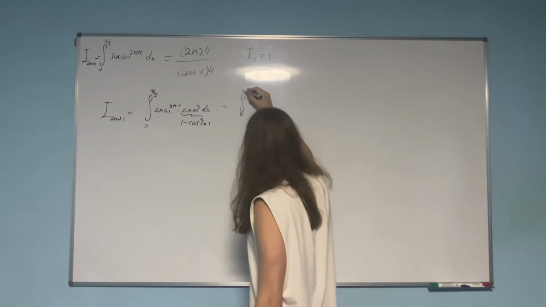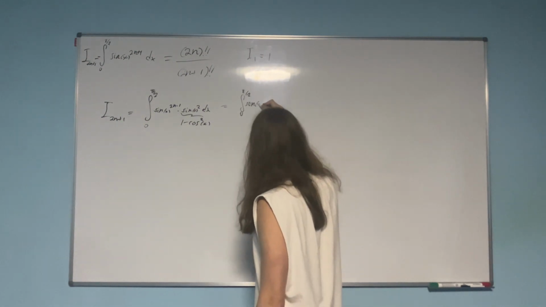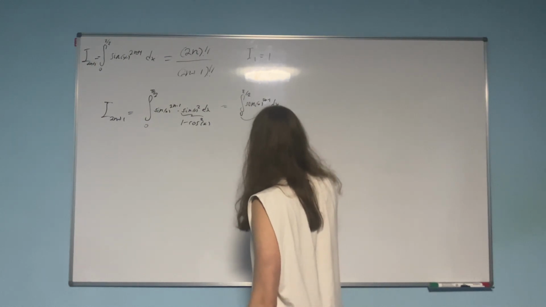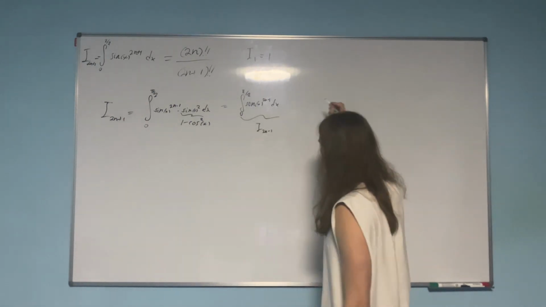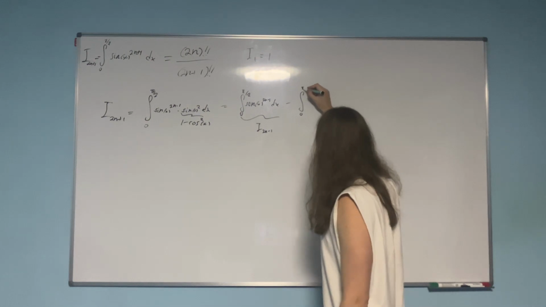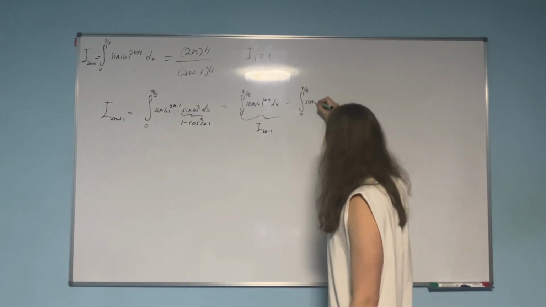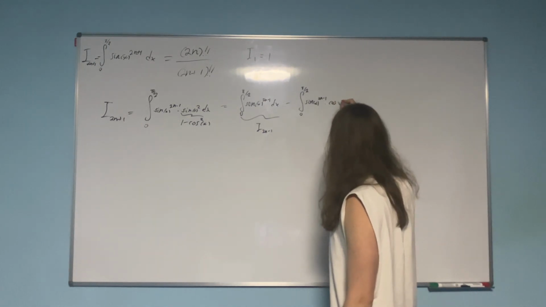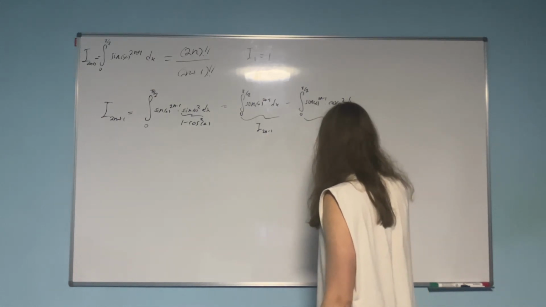And separate this into two integrals. First of all, this first integral, which is I of 2n minus 1. And this other integral, which we will actually not even need to solve, is the integral of sine of x to the 2n minus 1 times cosine of x squared dx. And I'm going to just denote this as J.